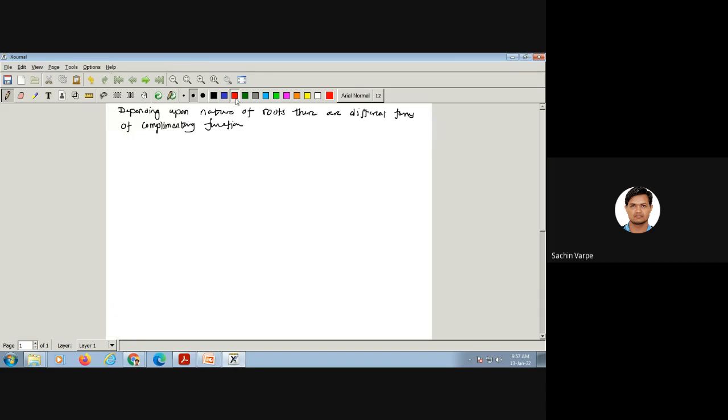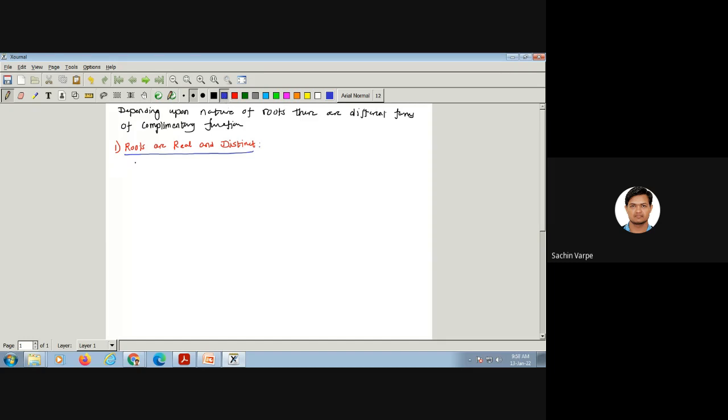The first nature is, suppose the roots are real and distinct. That means if the roots are real and unequal, then what is the formula?